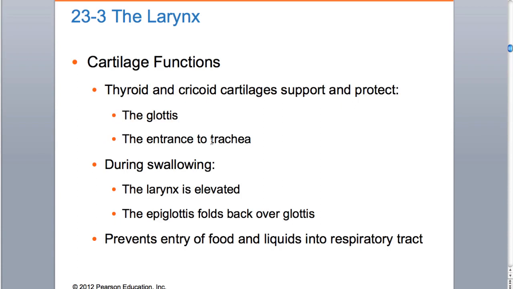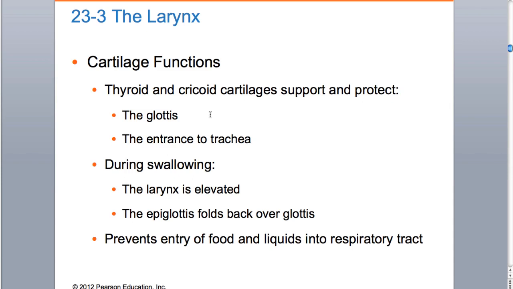Next slide. Here's why I said you need to know what they are. And notice, cartilage is what? Pliable, flexible, unlike bone. All right. Now, why is that important? Look what it says on this slide. It supports and protects, like all connective tissue, because cartilage is a connective tissue.